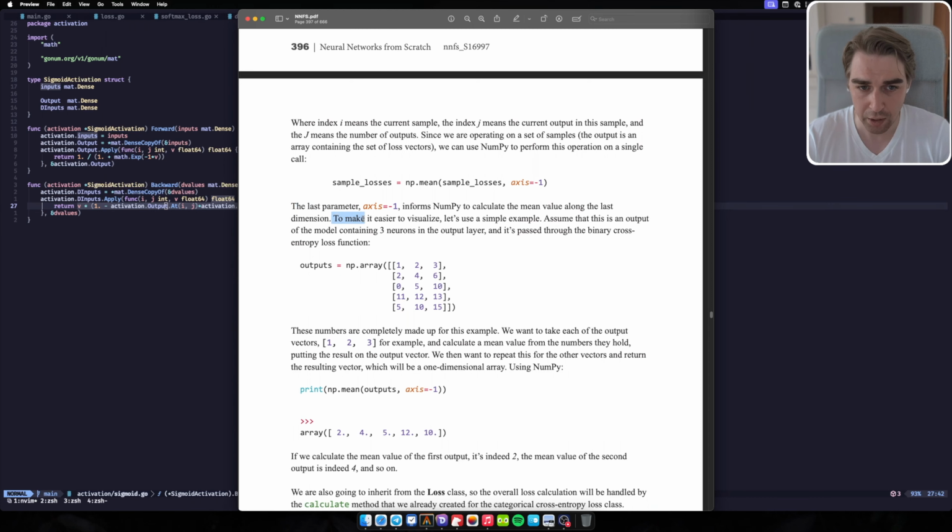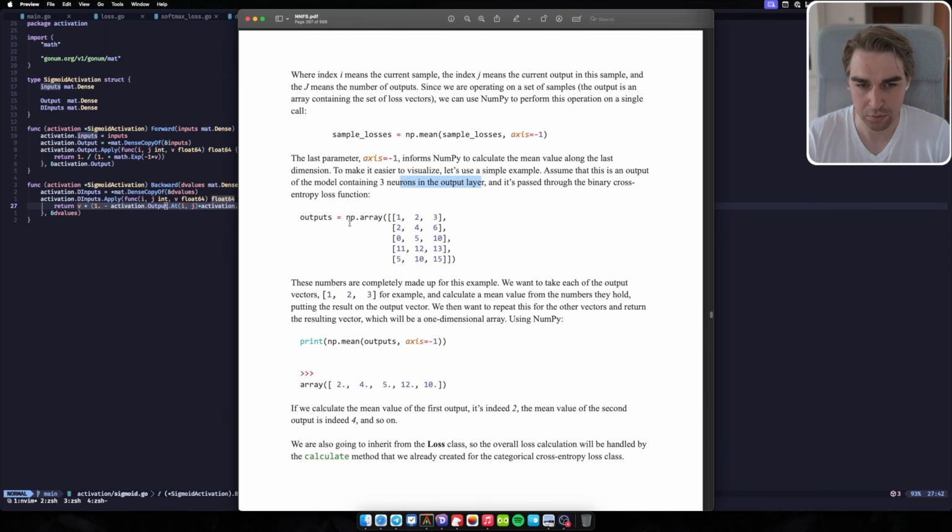To make it easy to visualize, let's use a simple example. Assume that this is an output of the model containing 3 neurons in the output layer, passed through the binary sigmoid. Those numbers are completely made up. We can take each of the output vectors and calculate the mean value from the numbers they hold. So it actually goes row by row.